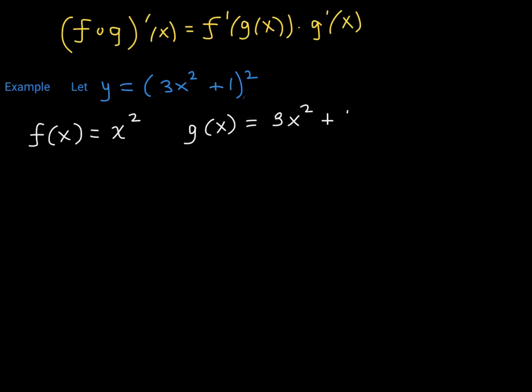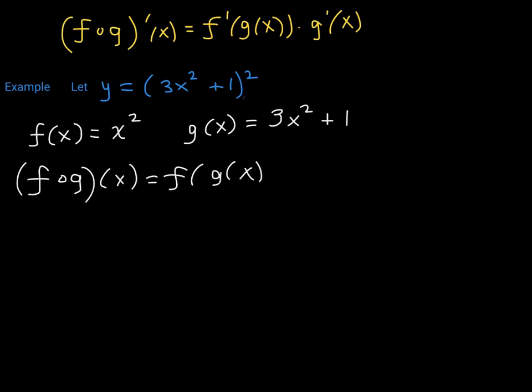Now, this for sure gives us y because this is the number 3 right here, folks. Don't want to confuse anybody, so let me rewrite that. Number 3. Okay, very good. This outer function and this inner function, when composed together, gives us y. And I can show that, f composed with g at x is defined to be f of g of x by definition, which is equal to f of 3x squared plus 1.